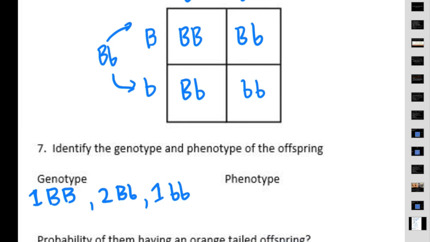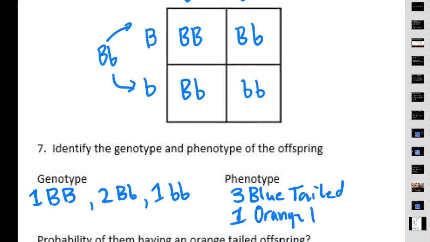And going back to describe what the phenotype is, well, I know that the capital B is for the blue tail, and it is dominant. So anytime you have the genotype with the dominant, it means that the phenotype is going to show the dominant trait. So that means I will have 3 blue-tailed, and I will have one orange-tailed offspring.